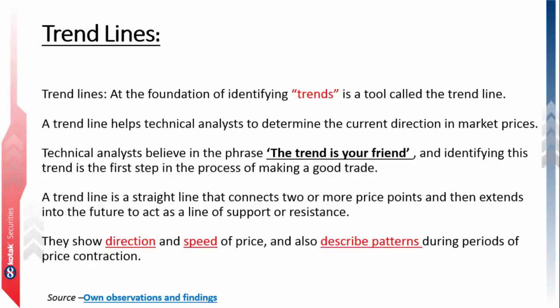A trend line always helps traders understand whether we are going up, going down, or are in a consolidation mode. And if we are in trending mode, then it gives a lot of money to traders.